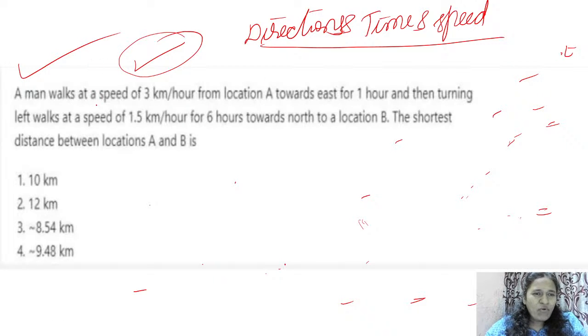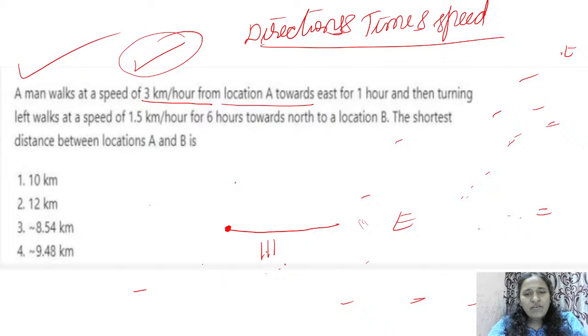A man walks at a speed of 3 km per hour from location A. This is location A. He is walking towards east, we know east is this side, for 1 hour. How much distance has he traveled?